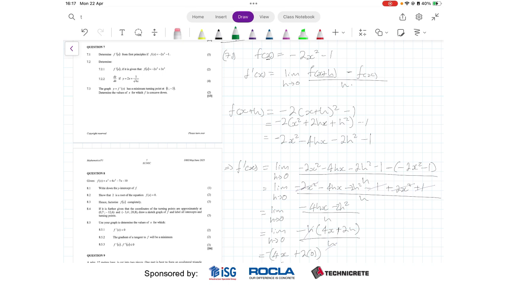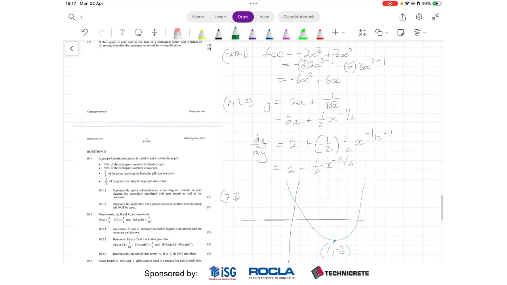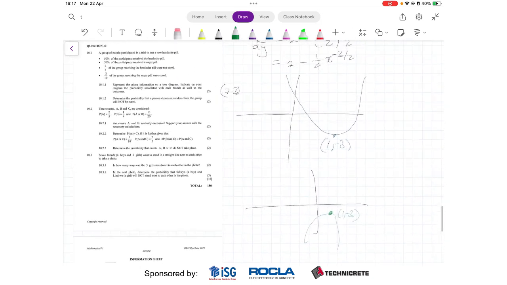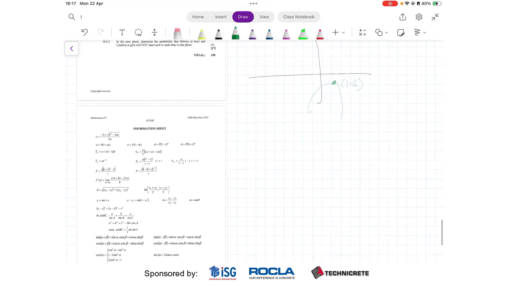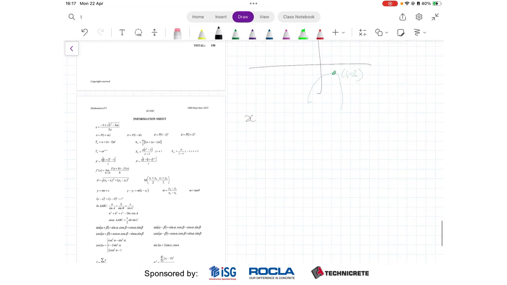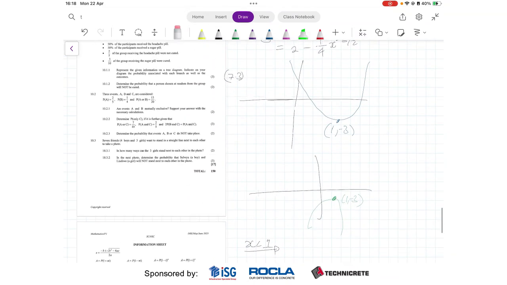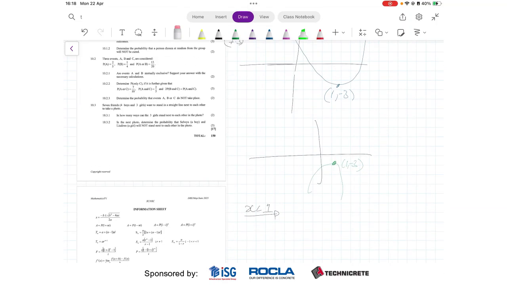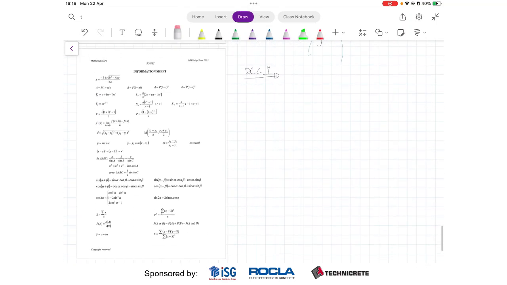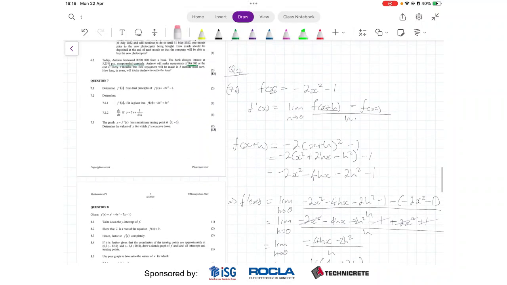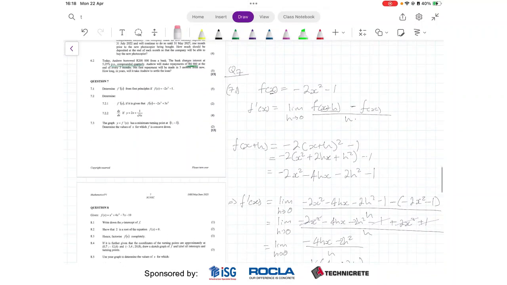Determine the values of x for which f is concave down. Okay, now we may then determine that f is concave down when x is less than 1. Wonderful, wonderful. And now we will be moving on to question 8.